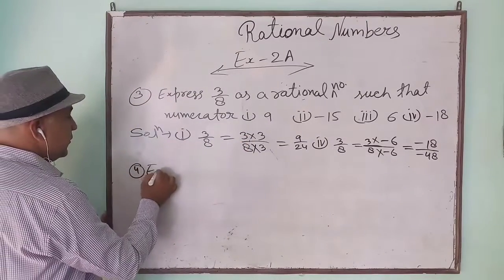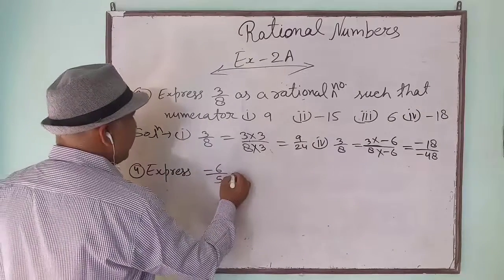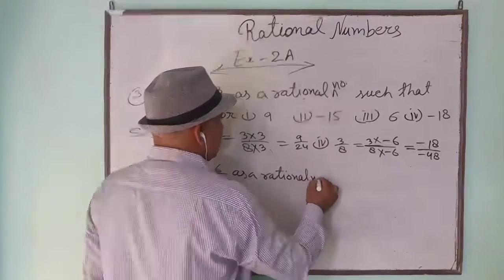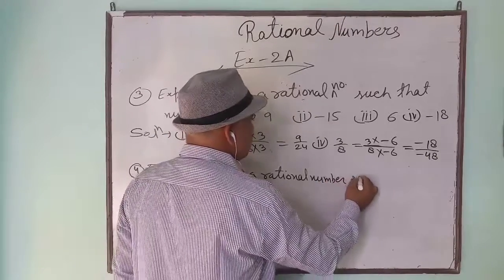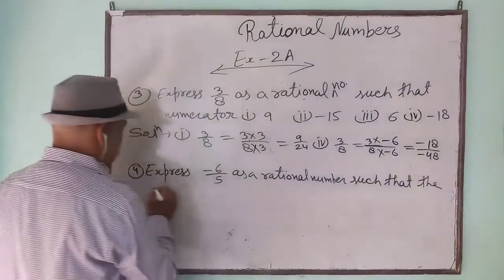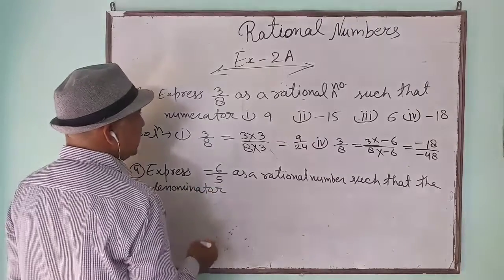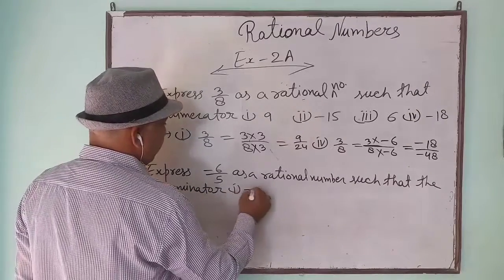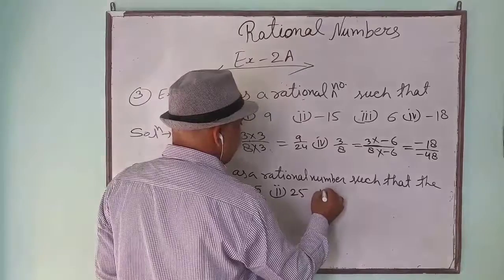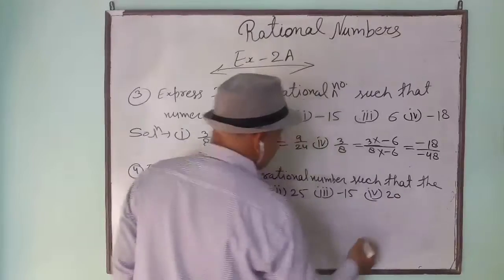See this question. Express minus 6 by 5 as a rational number such that the denominator is minus 5, 25, minus 15 and 20.